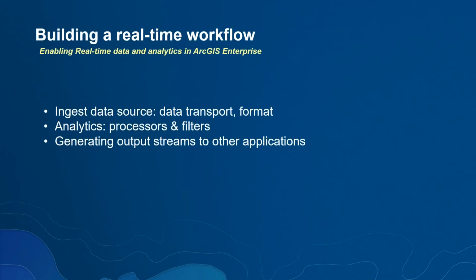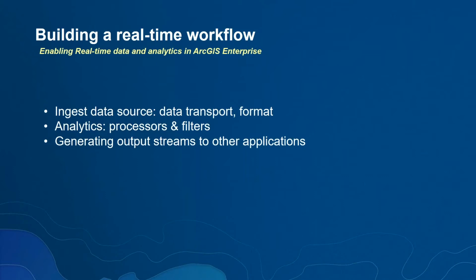And in order to do that, we need to take care of three broad tasks first. Two of those involve moving the data into and out of the server. In both of those cases, we need to understand something about the data and its location, where it's either coming from when it's coming into GeoEvent Server, or where it's being sent out to on the other end.